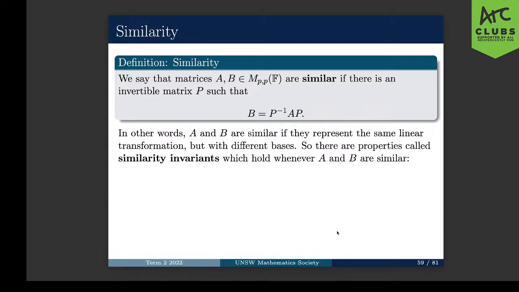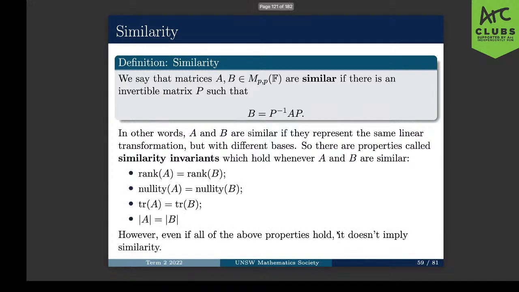There are properties called similarity invariants which hold whenever A and B are similar. For example, there are 4 examples here. The rank of similar matrices are the same, nullities are the same, the traces are the same, where trace is just the sum of the diagonal elements, and the determinants are the same.